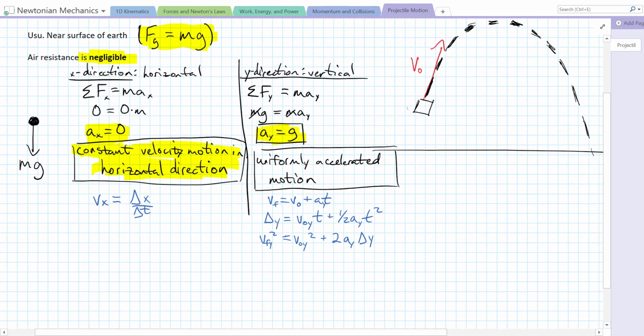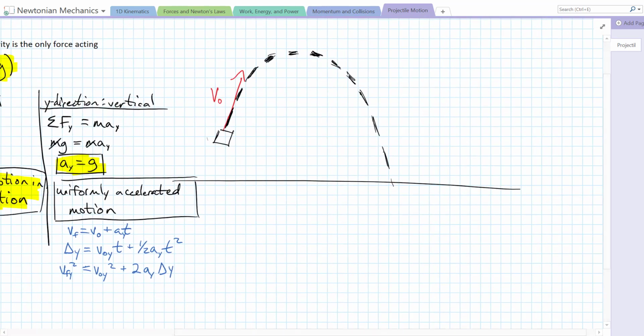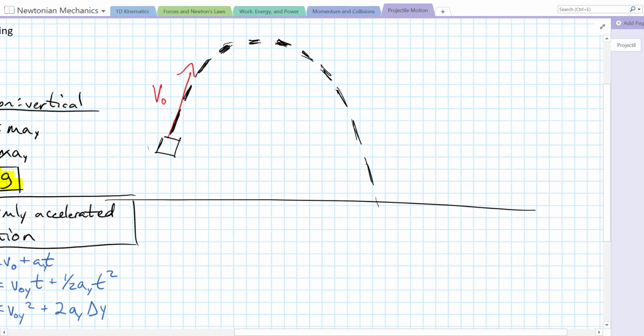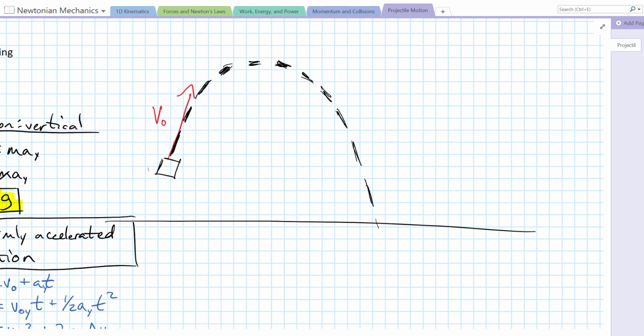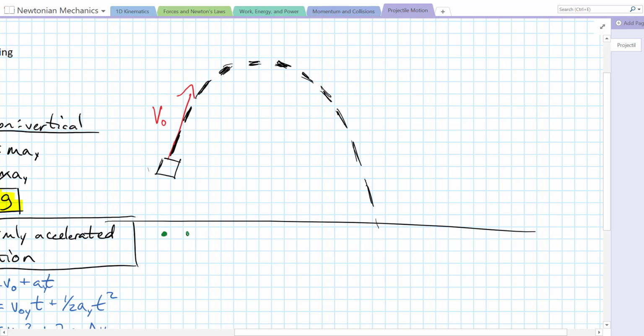So let's take a look at our motion in terms of the x and y motions. If our x motion is constant velocity, then we can kind of track the motion of this object. I'm going to draw dots to represent equal time intervals down here. Constant velocity motion means those dots are going to be evenly spaced.